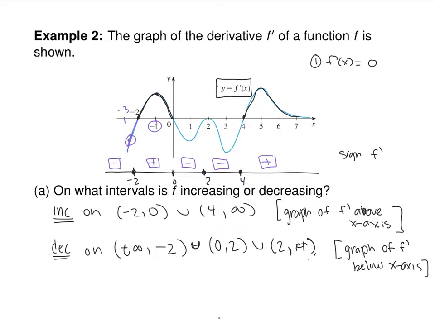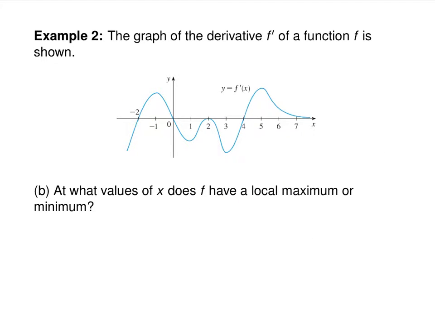Okay. At what values does f have a local max or local min? So this was minus plus, right? So what happens at -2, a max or a min? It went from decreasing to increasing. How about 0? What was the derivative sign on this side?